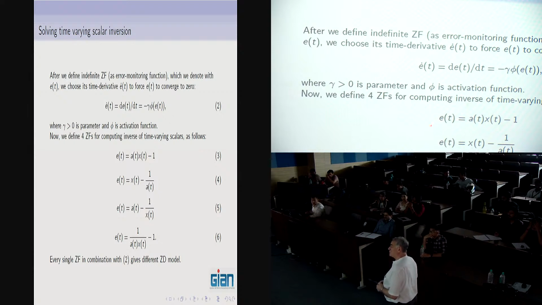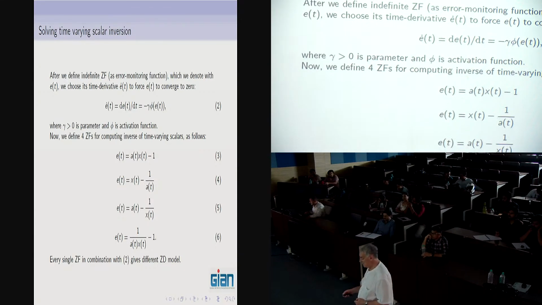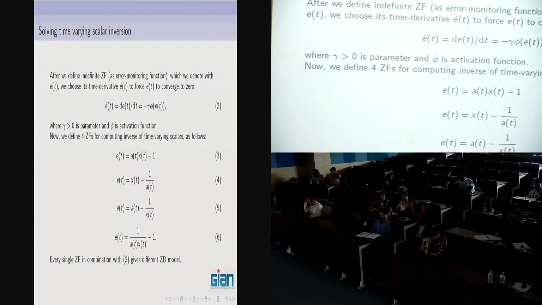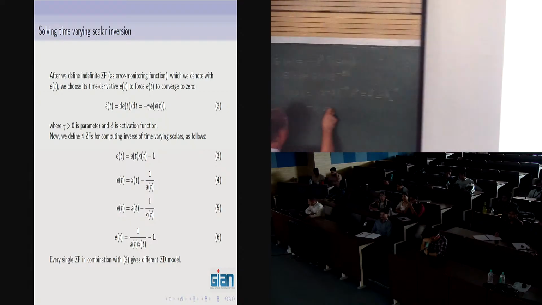We want to find the inverse of a time varying scalar value. A of t is a TV, time varying scalar.